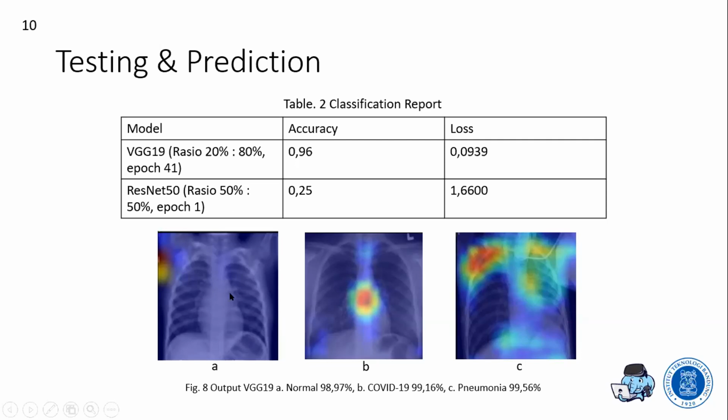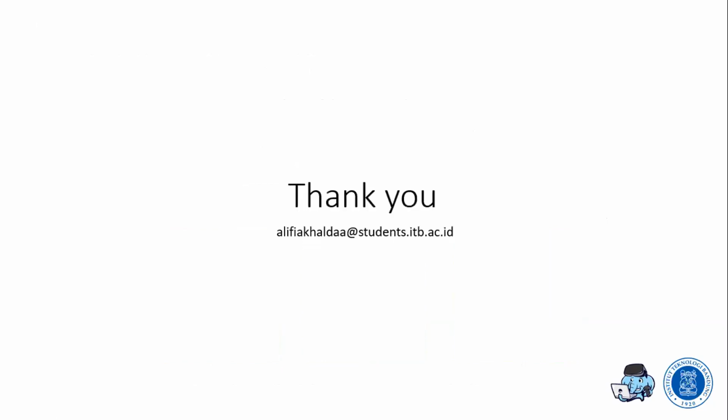And this picture is in color here, it's different for the output of normal, COVID-19, and pneumonia. And thank you for viewing this presentation. You can give me criticism and suggestions on the presentation by email.